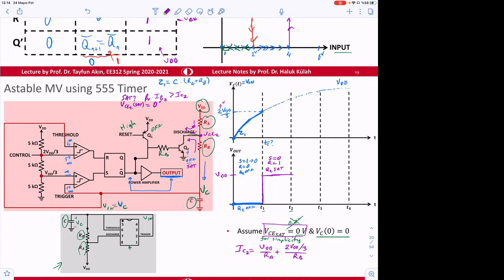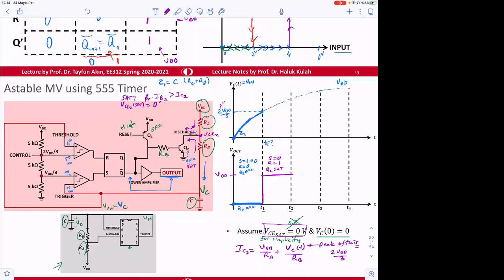Or maybe I should write it more formally. That value is equal to VC of t divided by RB. VC of t will be changing, but the peak value is equal to 2 VDD divided by 3, 4 volts.